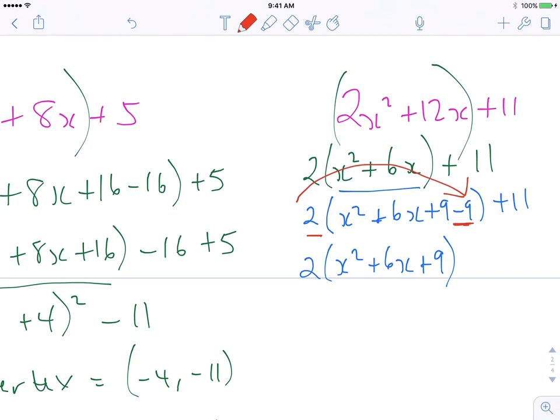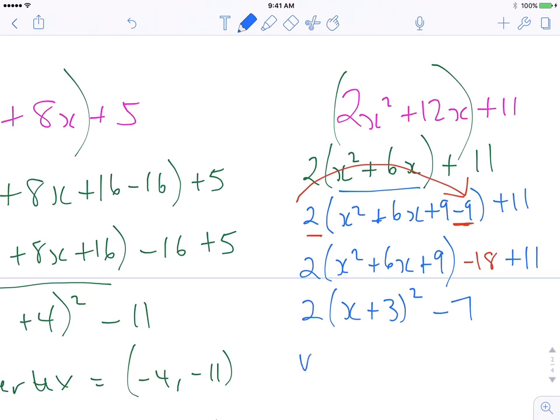So in this case, you have a negative 18 plus 11. So beware of that. I kind of call it giving severance pay to this guy. He's being multiplied by 2, give him a severance pay, and then he can walk out. Now you have 2 times x plus 3 squared, and negative 18 plus 11 should get you negative 7.